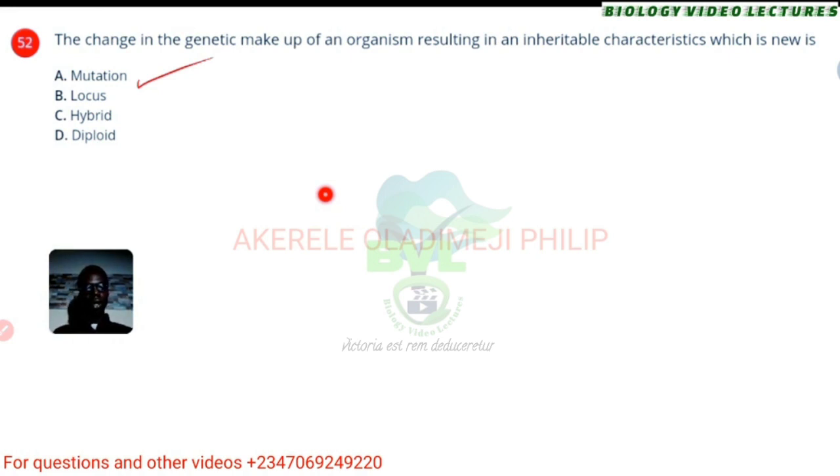It is referred to as a mutation because it wasn't inherited originally, but for the fact that it started in that person and is strong enough to be passed on to the next generation, that is why it is genetic. We call it a mutation, as the case may be.